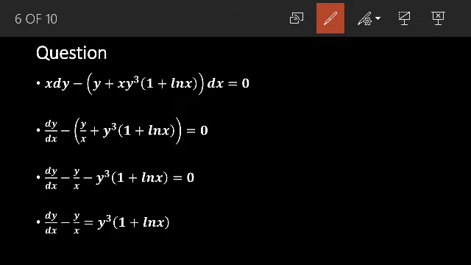If we do that, your x dy now becomes dy dx, and your y divided by x, you have y over x. Divide the whole of this by x, you have your y cube into 1 plus ln x, which is what we are supposed to have. Now when we open the bracket, the minus sign now affects, to have minus y over x minus y cube into 1 plus ln x.